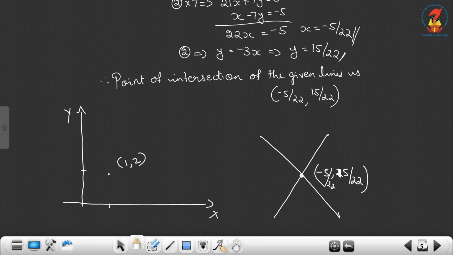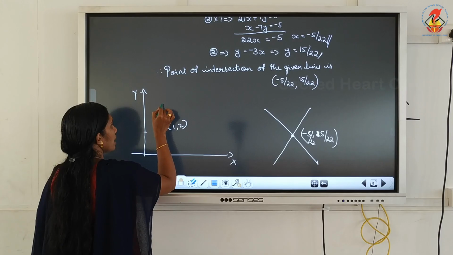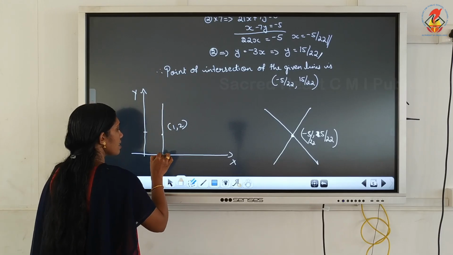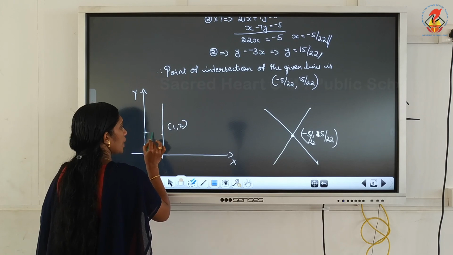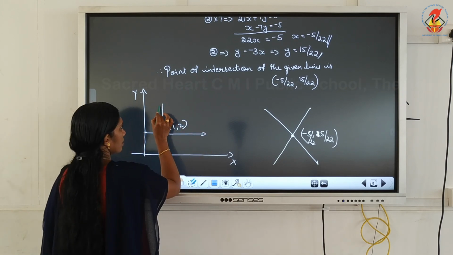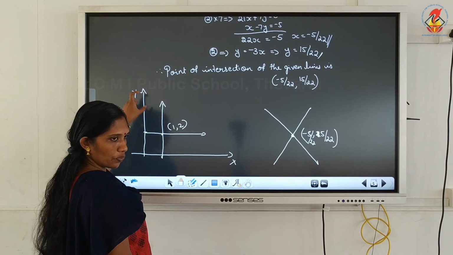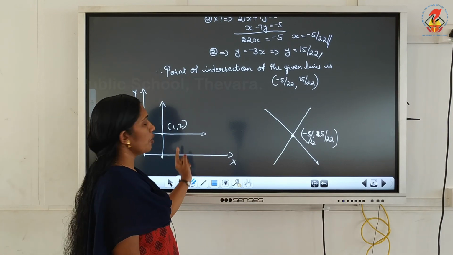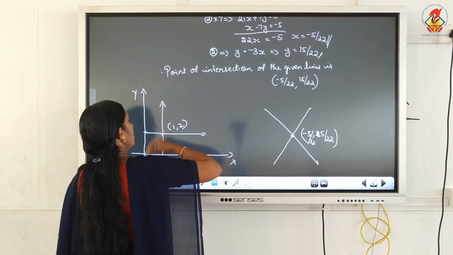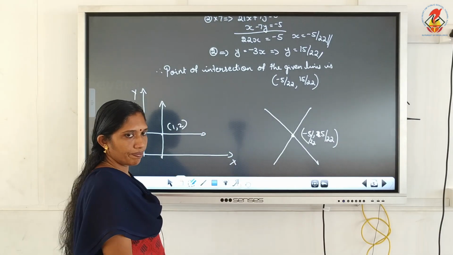Through this point I can draw infinitely many lines. What is the equation of a line parallel to y-axis? I can draw a line parallel to y-axis like this and also parallel to x-axis. So only one line through this point parallel to y-axis, only one line through this point parallel to x-axis. Otherwise we can draw infinitely many lines.